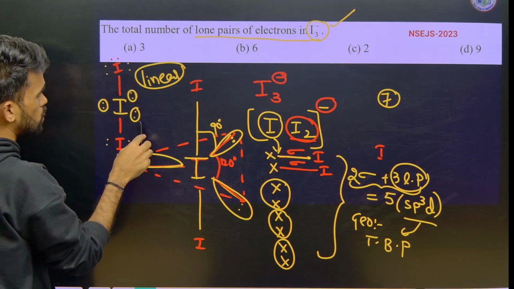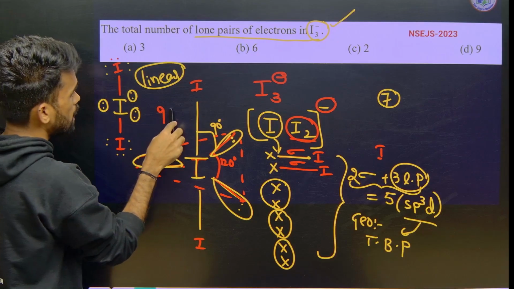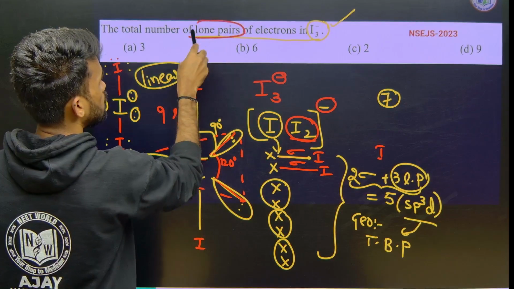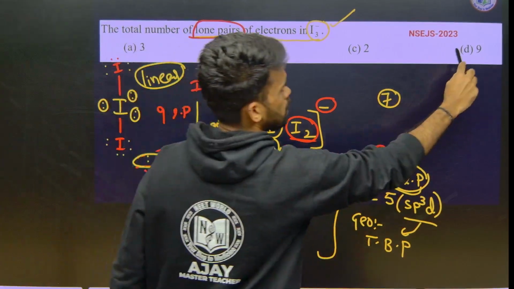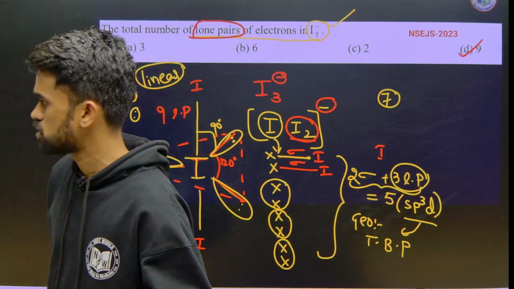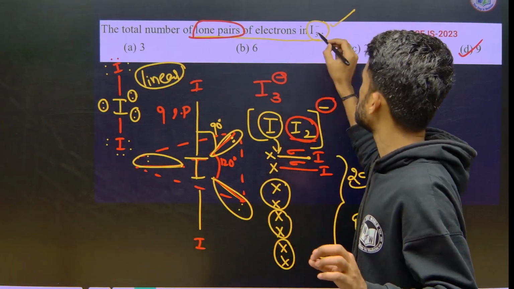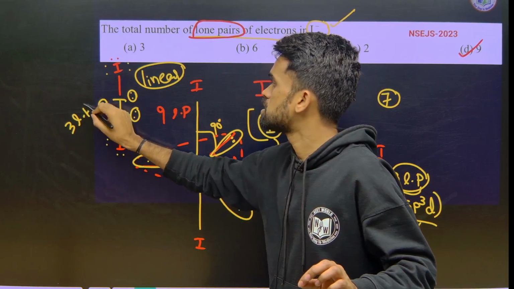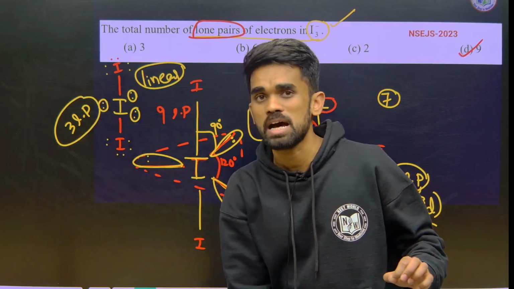Here also 3 pairs. Total 6 plus 3, so a total of 9 lone pairs are there. So what are they asking? Lone pairs. How many? 9. So your answer should be option D as the perfect answer for this question. Hope this is clear. If they mention only the central atom, your answer should be 3 lone pairs. So be conscious of what they are asking in the question.